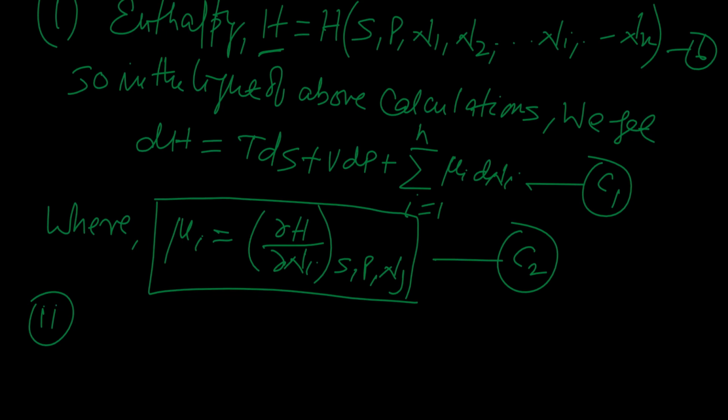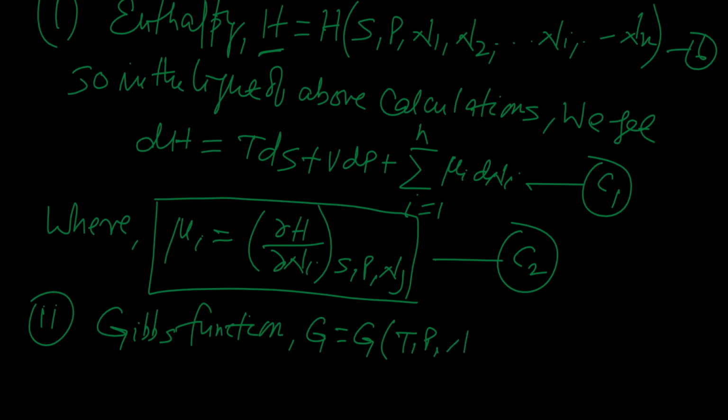So, in terms of the Gibbs function, this Gibbs function denoted by G is actually a function of T, P, N1, N2, and so on, Ni, and so on, Nn. Say this is equation number 7.